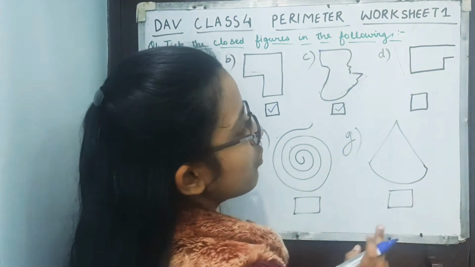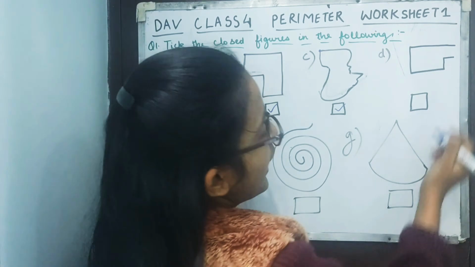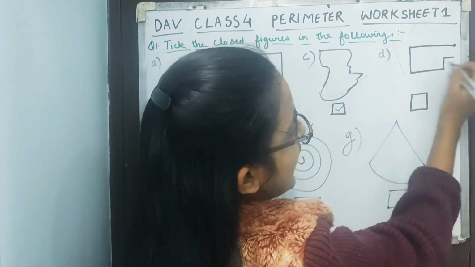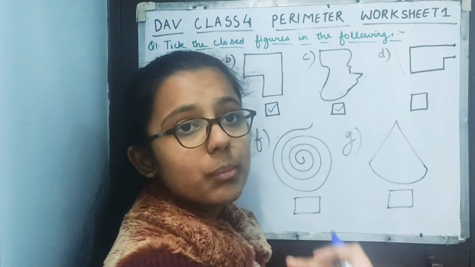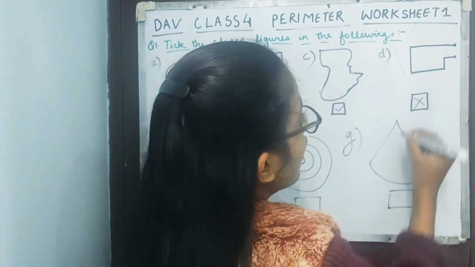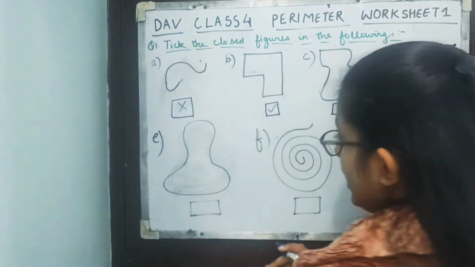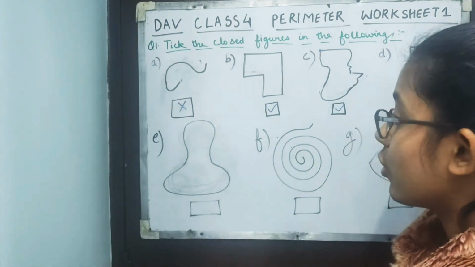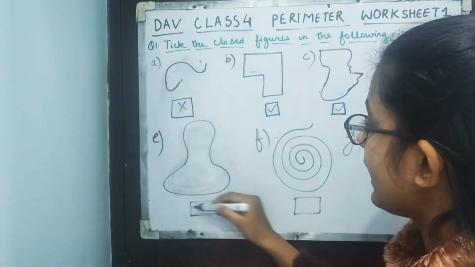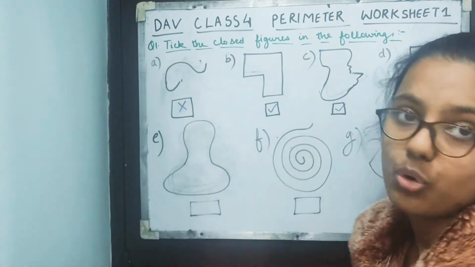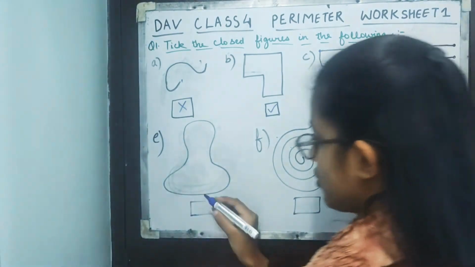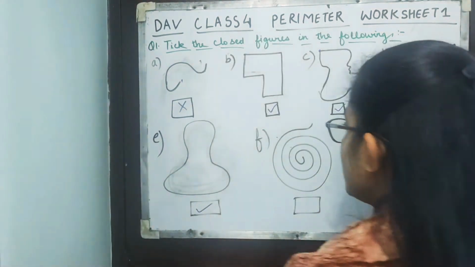The fourth one is an open figure. Why? Because the starting point is this and the ending point is this. Both the points are different, so it's an open figure and it will be a cross. Next, it's a closed figure. Why? Because the starting and ending points are the same and the figure is not open, so this will be a tick.